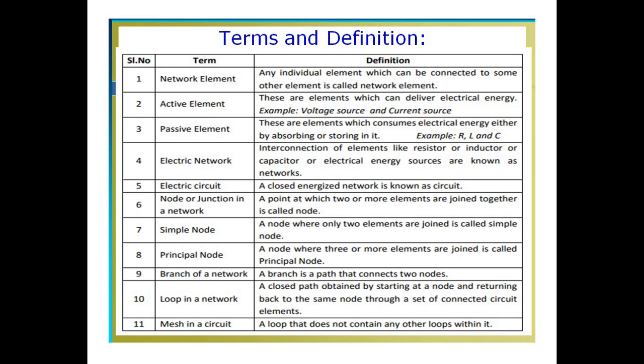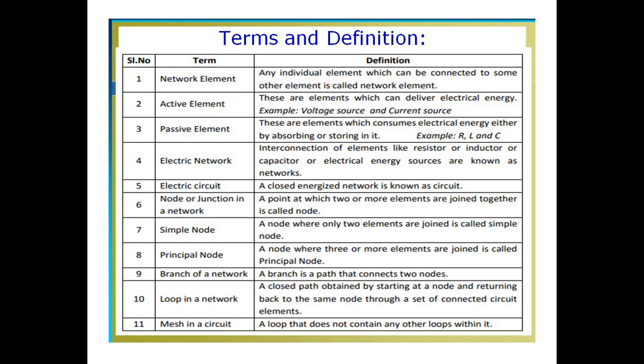Passive element: these are elements which consume electric energy either by absorbing or storing it, for example resistance, inductance and capacitance. Electric network: interconnection of elements like resistors, inductors, capacitors or electrical energy sources is known as a network.